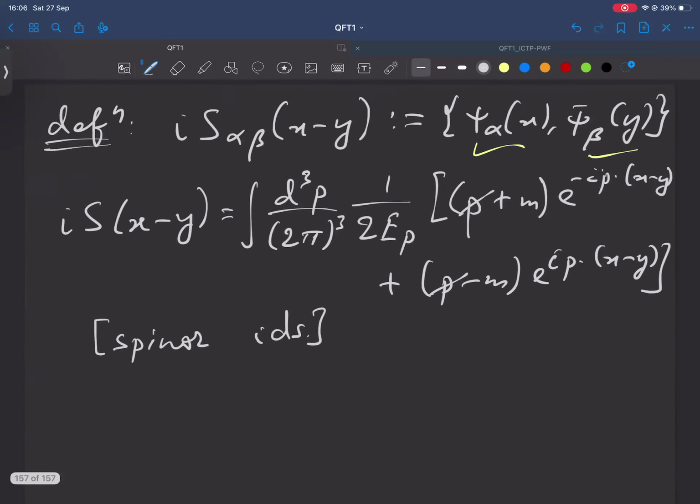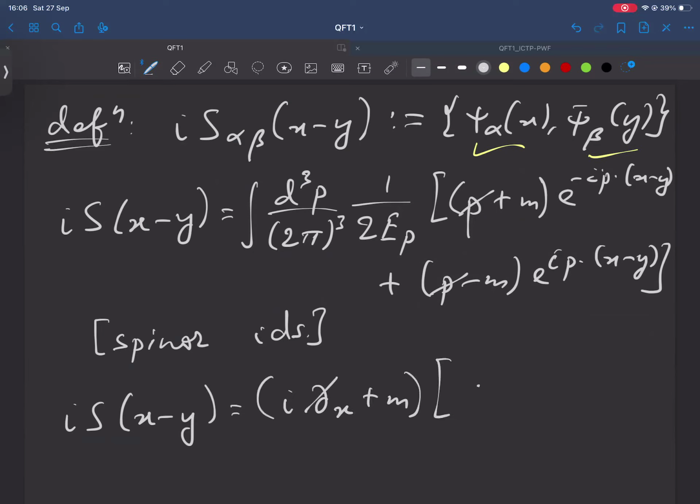So now you can see that you can immediately write this thing in terms of the Klein-Gordon propagators, the real scalar field propagators. The way to see that is if you take the Dirac operator and act it on these quantities.